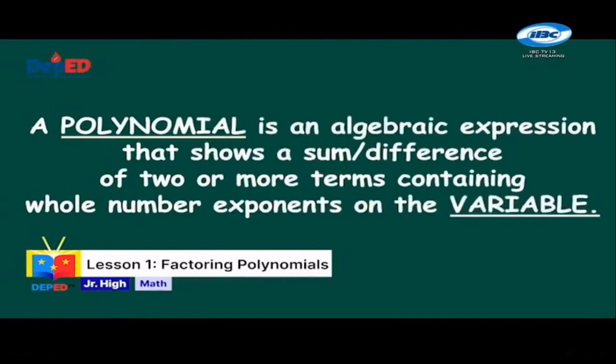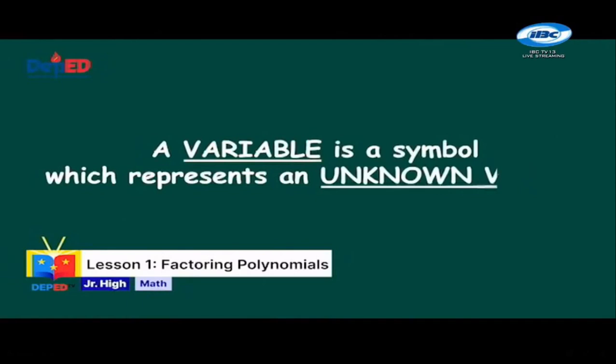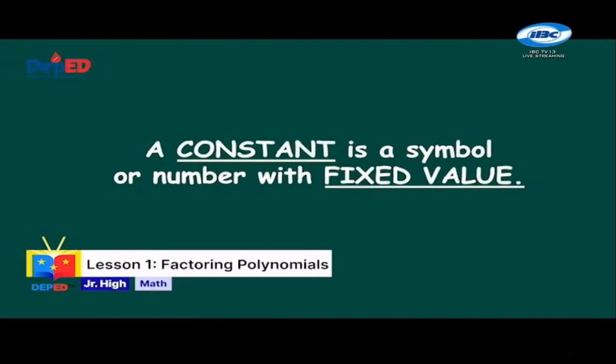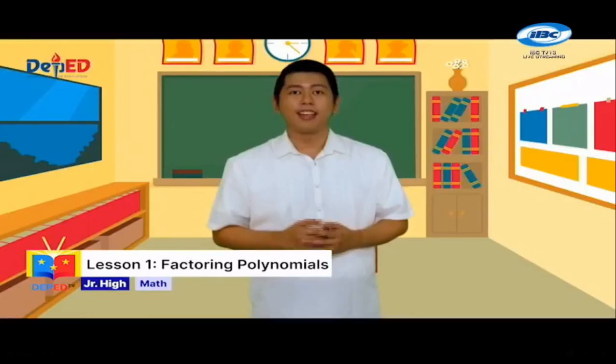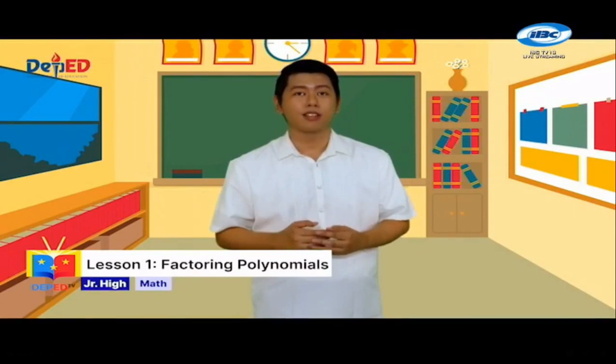A polynomial is an algebraic expression that shows a sum or difference of 2 or more terms containing whole number exponents on the variable. A variable is a symbol which represents an unknown value.